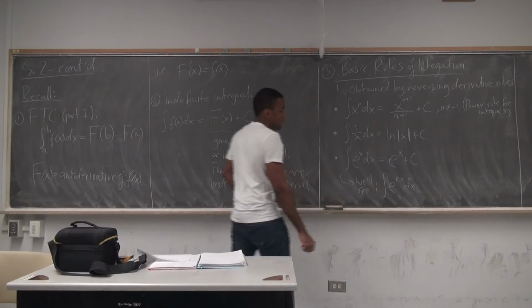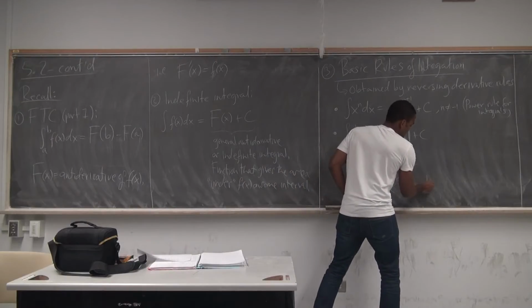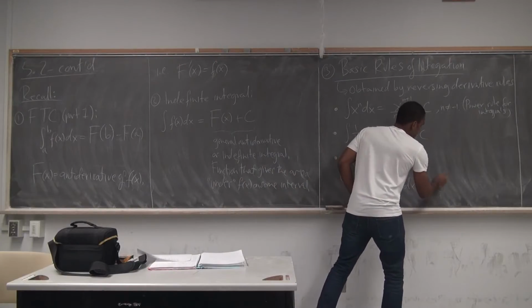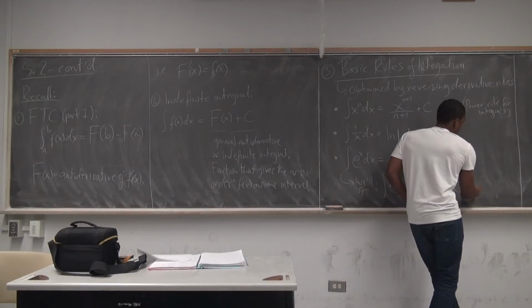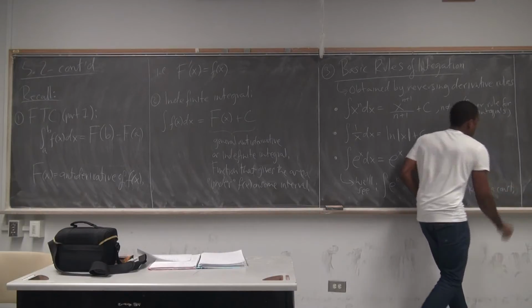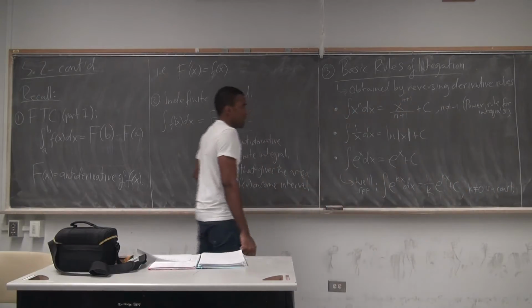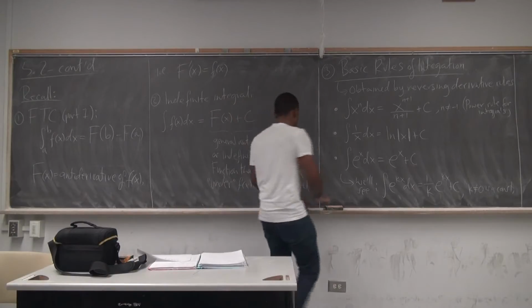We can talk about the integral of e to the kx dx, where k is a constant. It's actually 1 over the constant k times e to the kx, with k not equal to 0. So any of these rules you can figure out just by reversing the derivative rules.